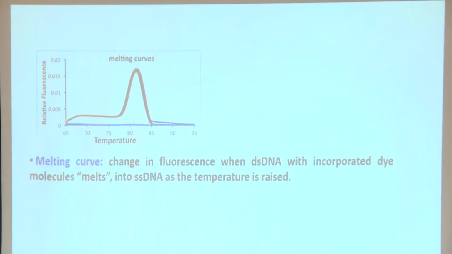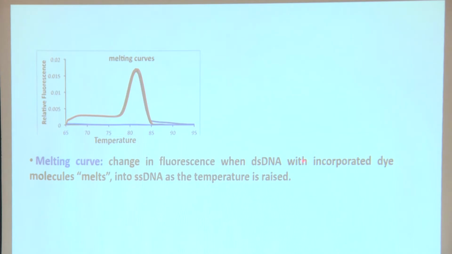Is it clear? When it reaches the melting temperature, double stranded DNA becomes single stranded, and instantly the signal drops to 0. So, this is one of the criteria to judge the quality of your primers. If there is too much mispriming, you will get too many melting peaks. You need a single melting peak if it is a successful real-time PCR.